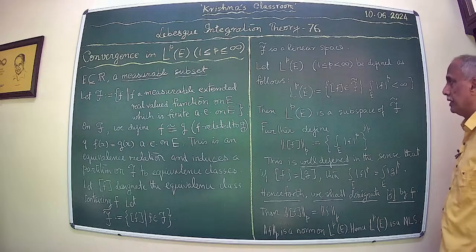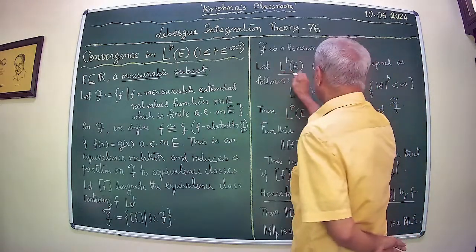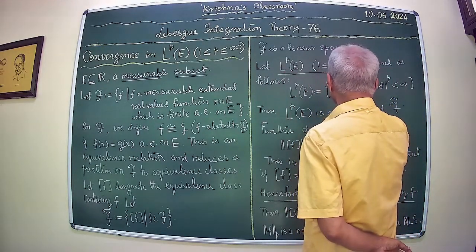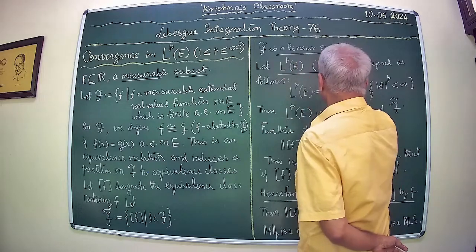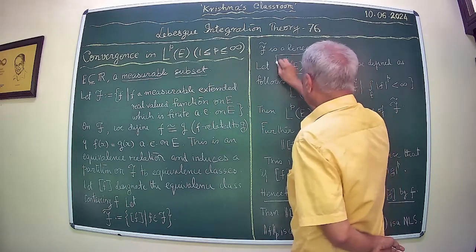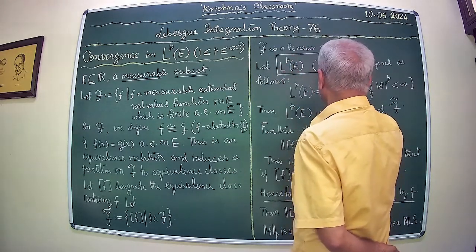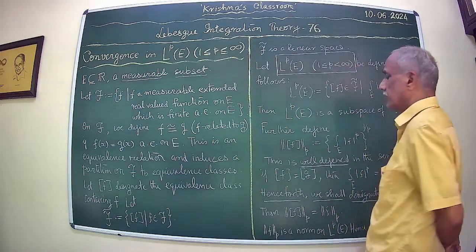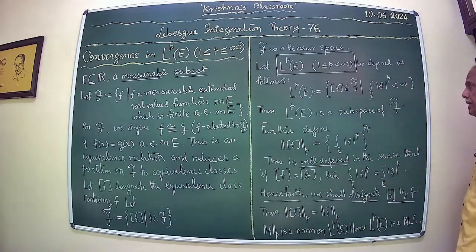So let us now work out LP. So let L^p(E), to begin with, we work for 1 less than or equal to p less than infinity. We'll consider the case L infinity later.